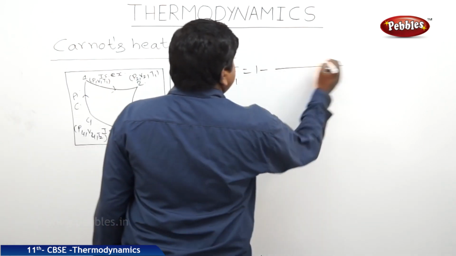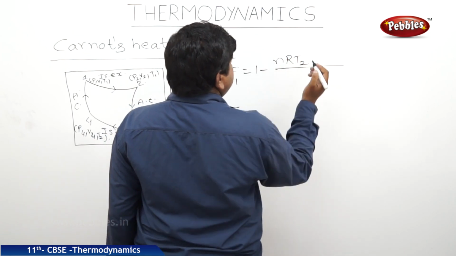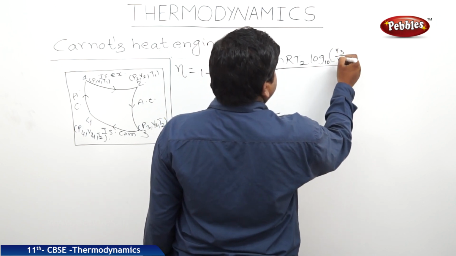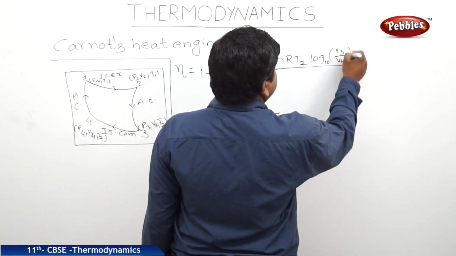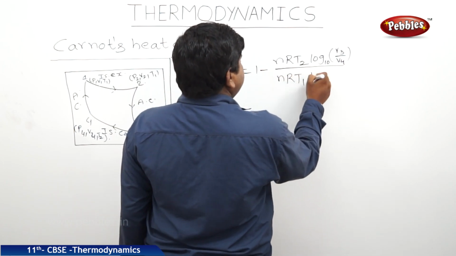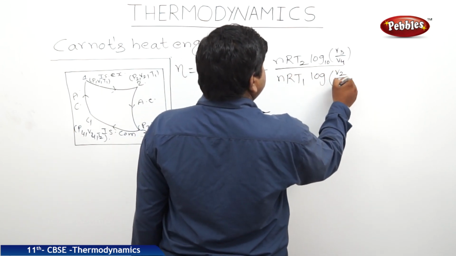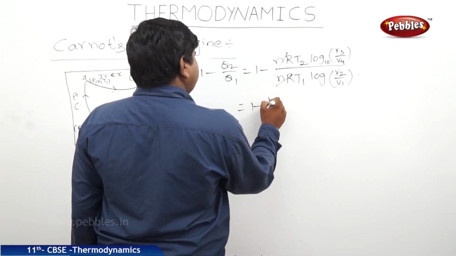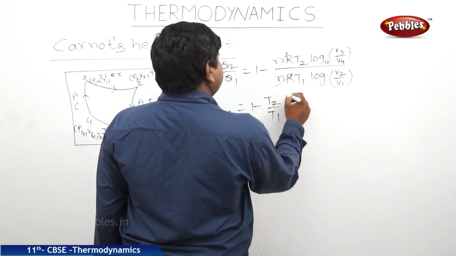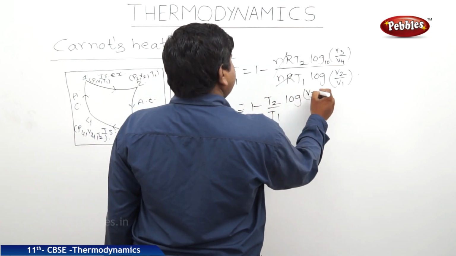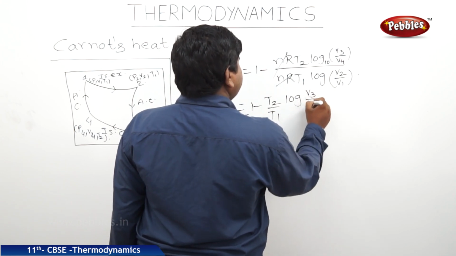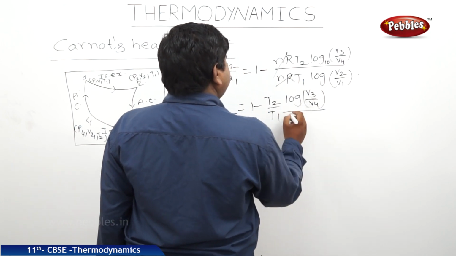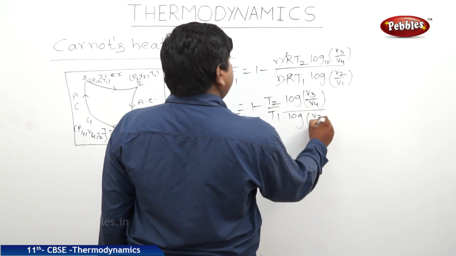Therefore, 1 minus nR T2 into log V3 by V4, whole divided by nR T1 into log V2 by V1. nR gets cancelled, therefore it is 1 minus T2 by T1 into log V3 by V4 by log V2 by V1.